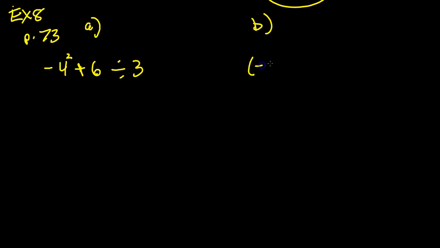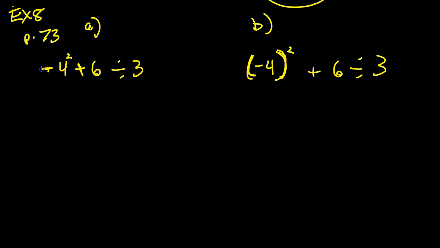And then contrast this with part B. It's minus 4 squared, but the minus 4 is tucked into parentheses, plus 6 divided by 3. All right, clearly the exponent gets done first in both of these expressions, but beware, this negative sign in this expression is happening outside the exponent process.